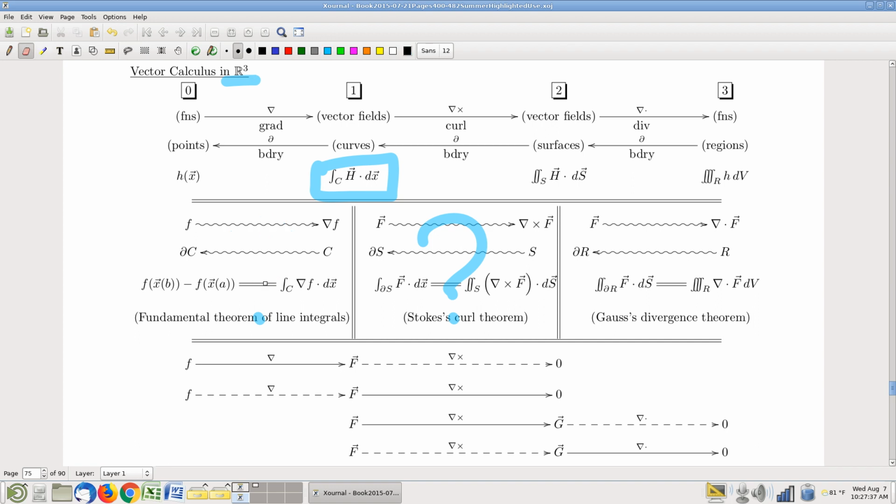Right? And don't forget, there is a possibility. It could very well be that the fundamental theorem of line integrals doesn't apply because there is no anti-gradient. Maybe there's no anti-boundary surface because the curve isn't closed, and therefore Stokes' curl theorem doesn't apply. This could happen. This is very real.